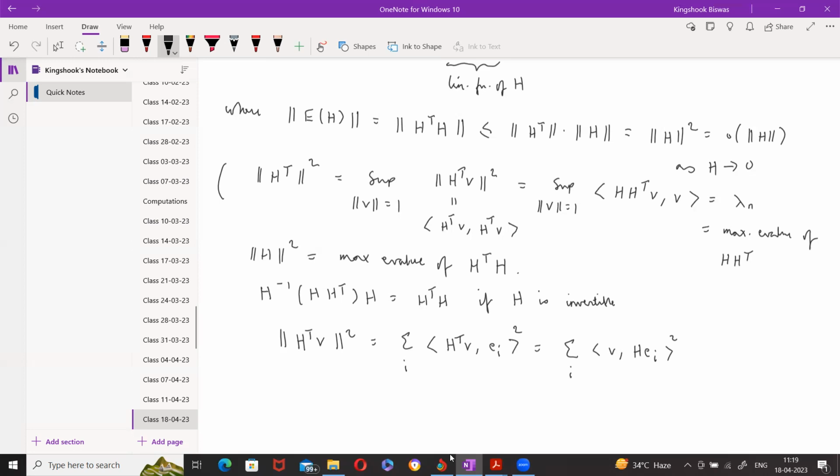Suppose v is the sum over j of v_j e_j, then v_j you can take to the other side. It's a constant, a scalar. So does that help? The inner product is symmetric, but H is not symmetric.